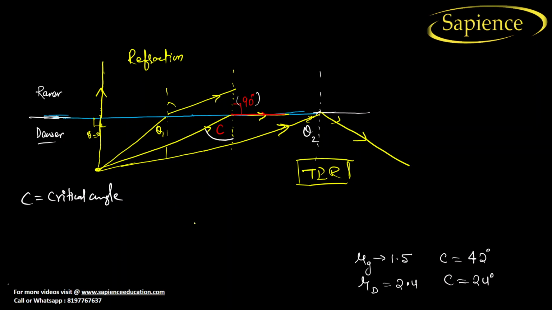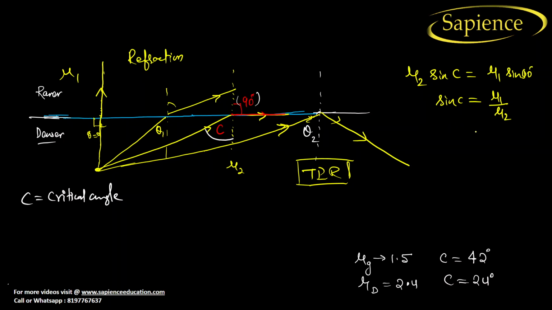Now we can go for some derivation. Let us consider this is mu 2 and this is mu 1. We can say that mu 2 sine C is equal to mu 1 sine 90 degrees. Sine 90 degrees is 1, so sine C is equal to mu 1 by mu 2.